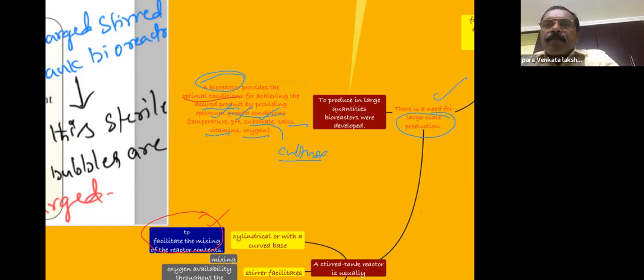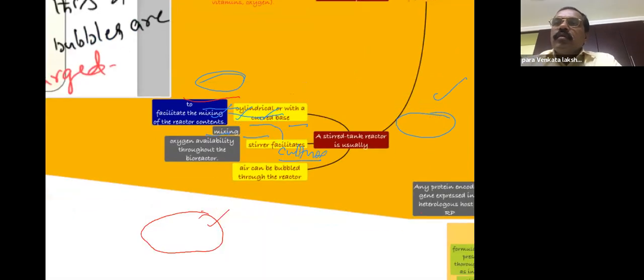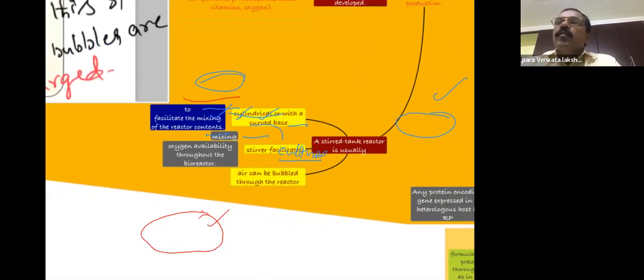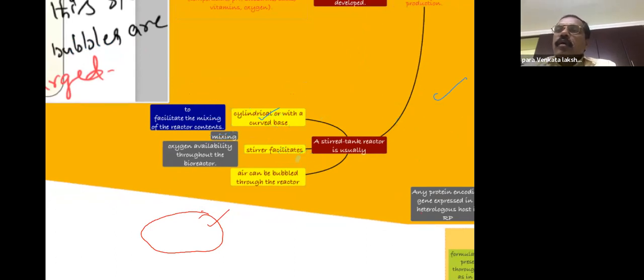And here, you see this. A stirred tank bioreactor is usually cylindrical or with a curved base. For what purpose is it cylindrical?